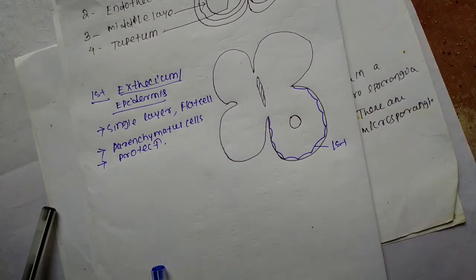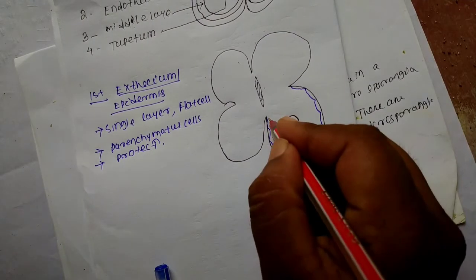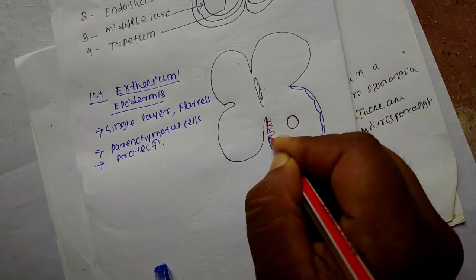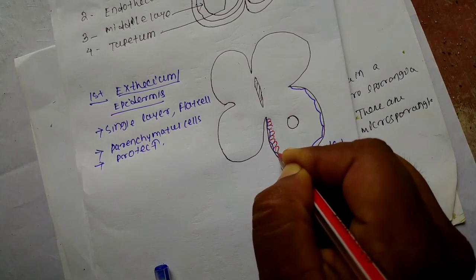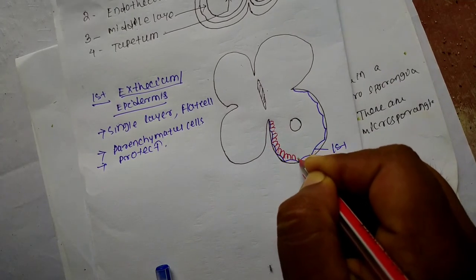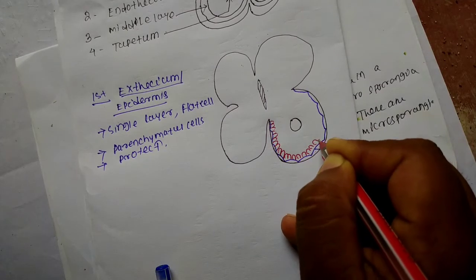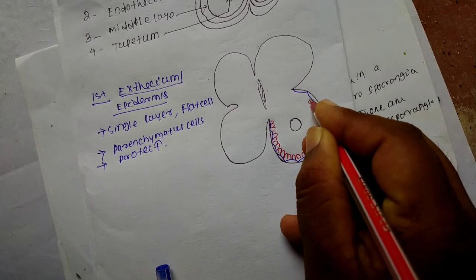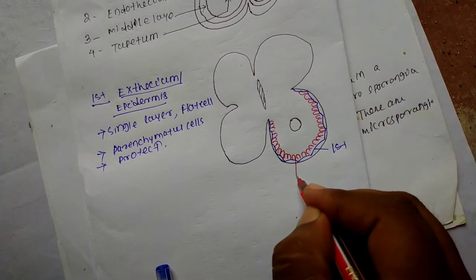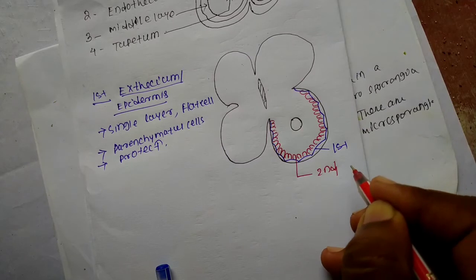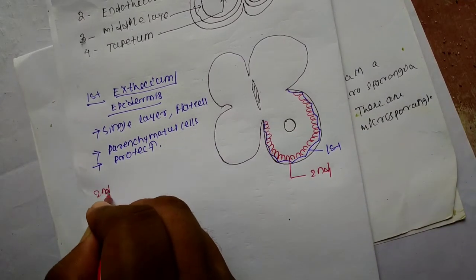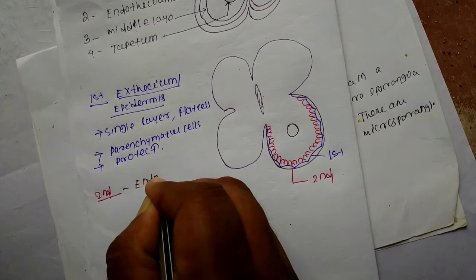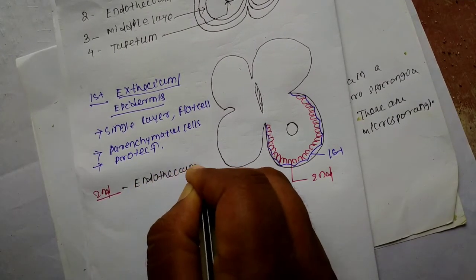Then the second layer: you can see there is a layer of radial cells present. This second layer is called the endothecium.